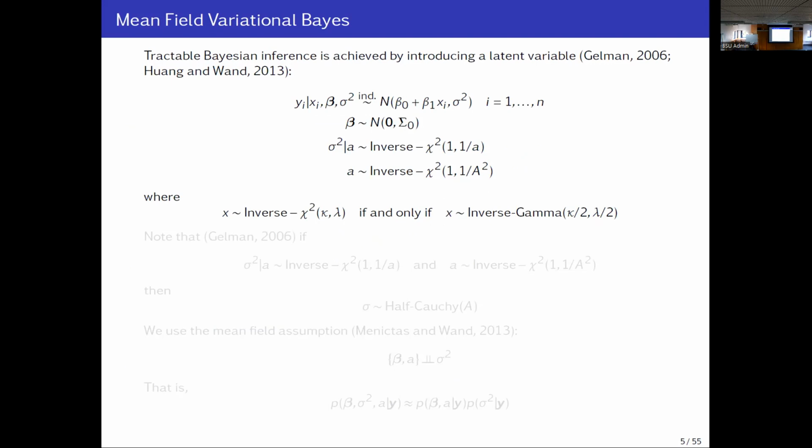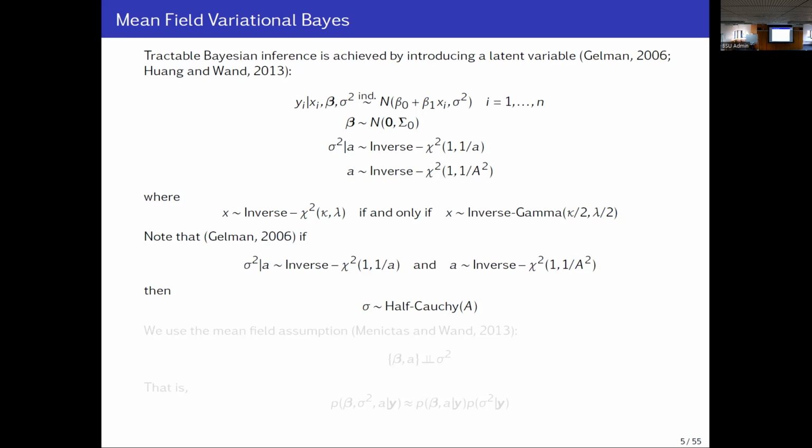Now, most people tend to use just an inverse gamma specification directly on their variance parameters. I tend to prefer to use this hierarchical prior specification. This came from Andrew Gelman. Oh, sorry, by the way, I'm using an inverse chi-squared specification.